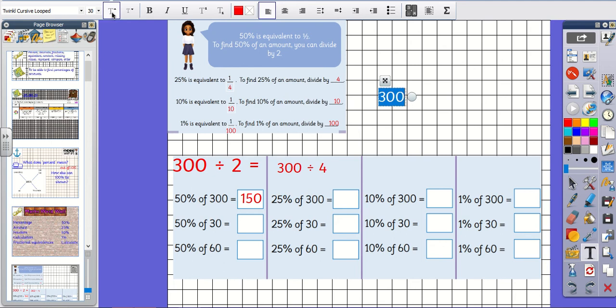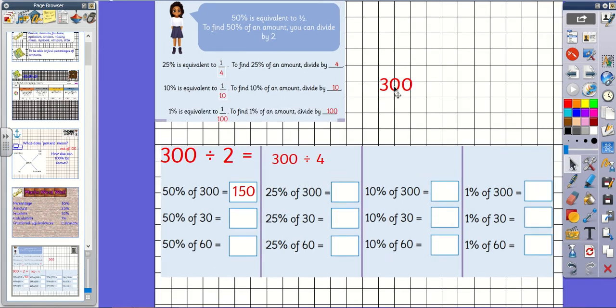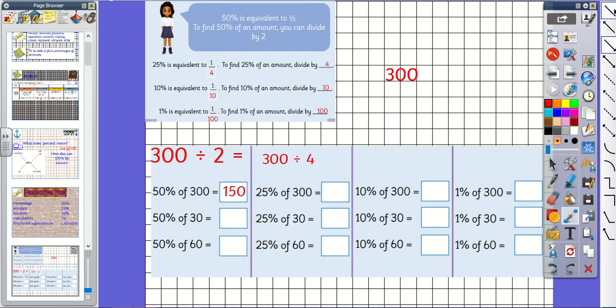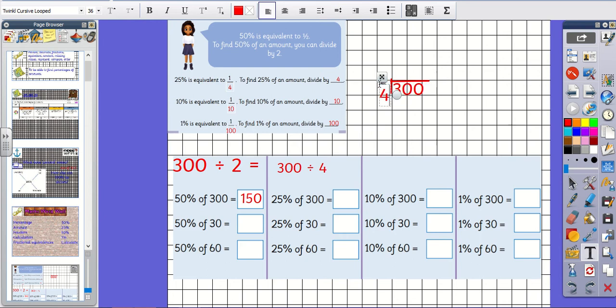So I am going to do my short division. Here we go with my 300. And then I'm going to draw my bus stop method just around that 300. Oops. You will do this a lot easier than me. We are dividing by 4 because we are finding 25%. How many times does 4 go into 3? Well, we know that is 0.